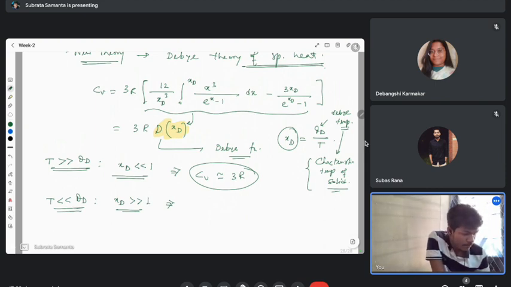Then we calculate: when x_T is much greater than 1, e to the power x_T minus 1 is equal to e to the power x_T.